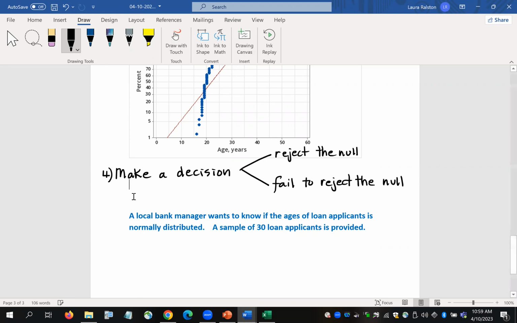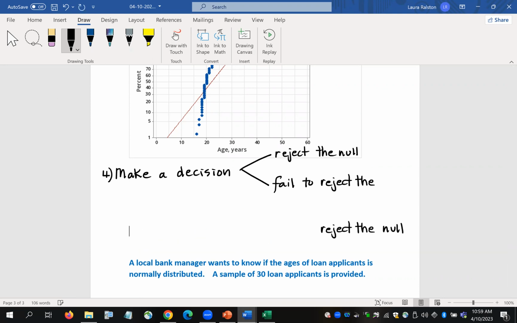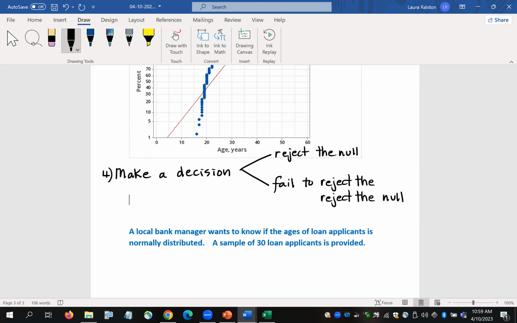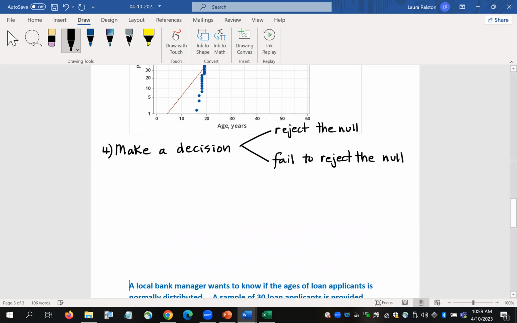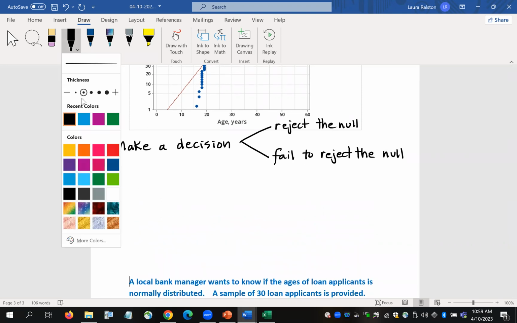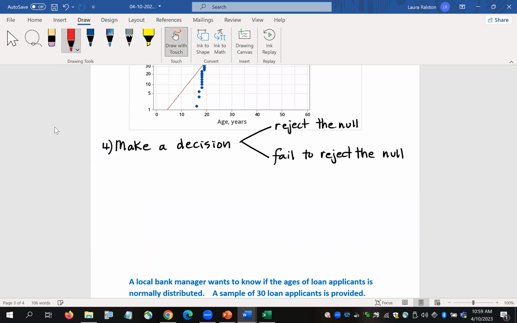And to make that decision, you compare the p-value to the alpha. So if p is less than or equal to alpha, you reject the null. If p is greater than alpha, you fail to reject.